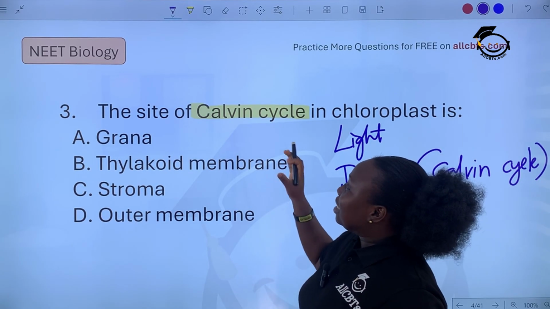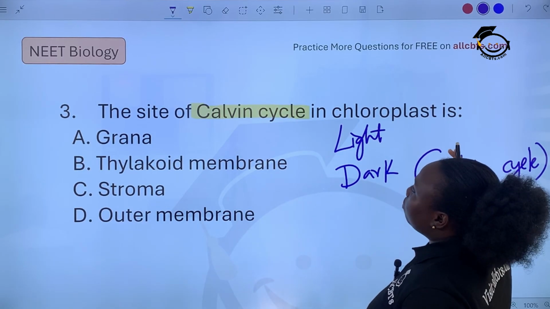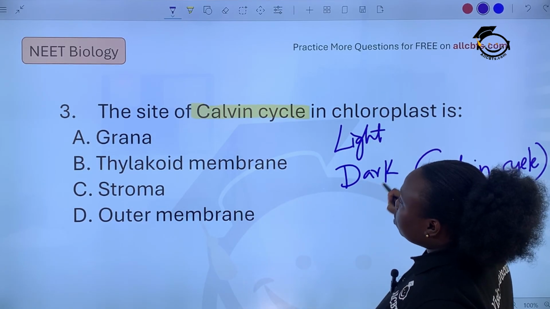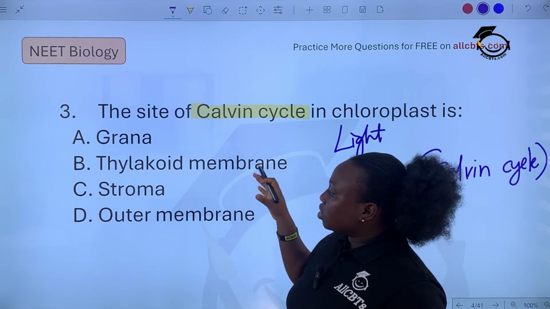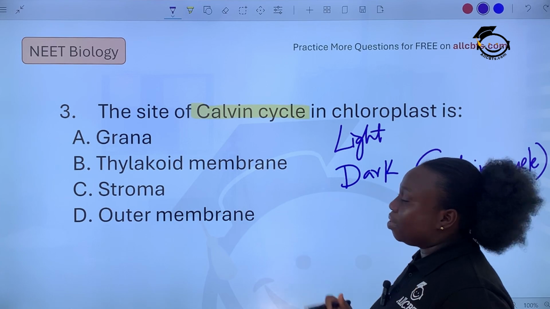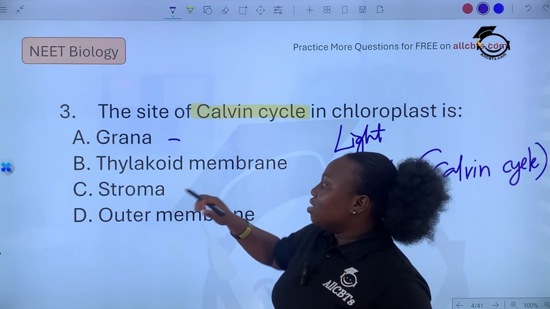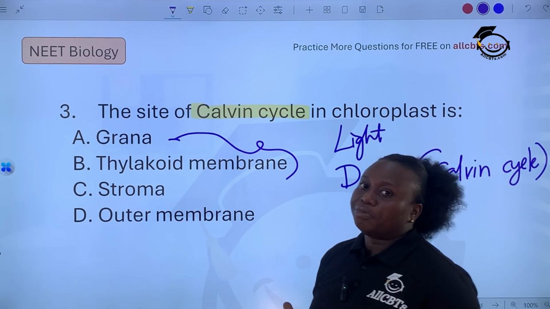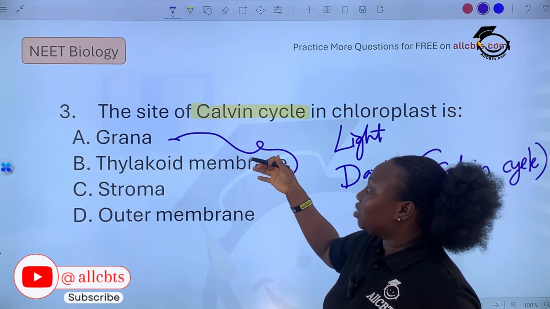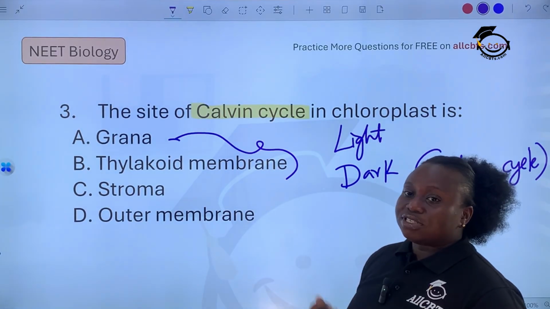So that's asking us, in the dark stage, where is the site where this photosynthesis occurs? Is it the grana? Is it the thylakoid membrane? Is it the stroma? Or is it the outer membrane? Now, this grana is also called the thylakoid membrane. So you can see that they put both in the options, but they are still the same thing.